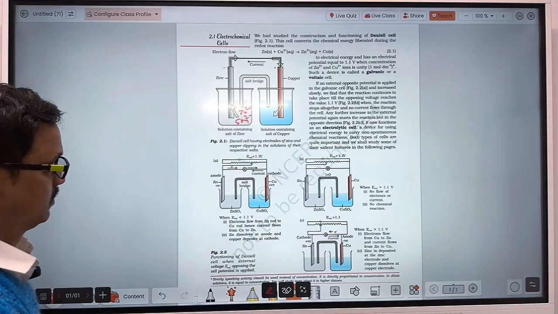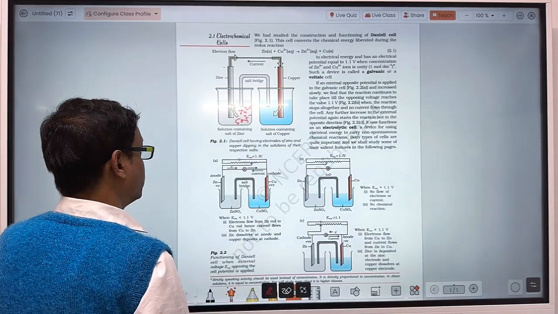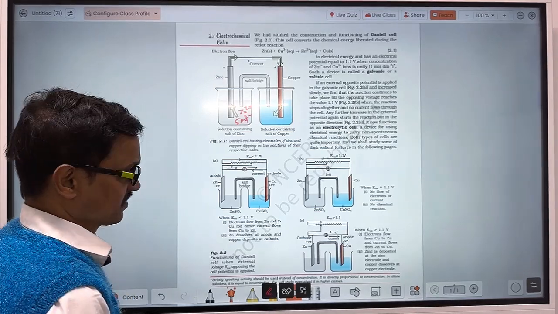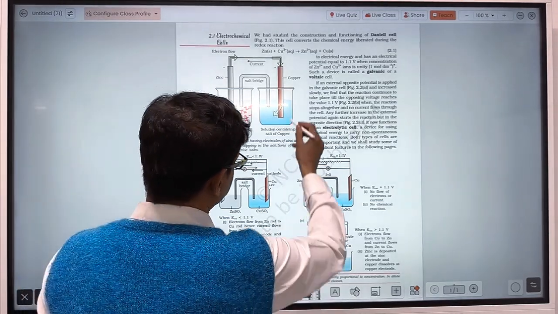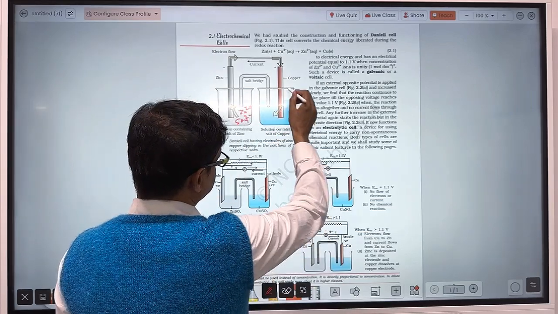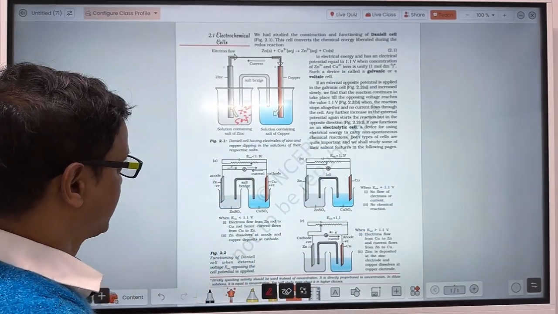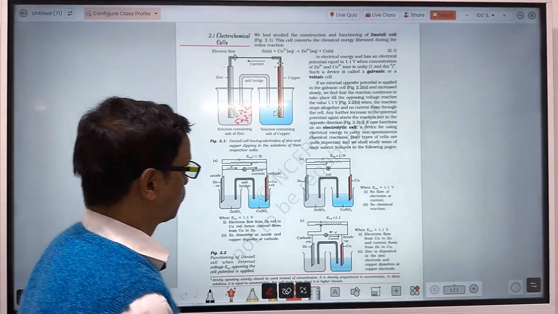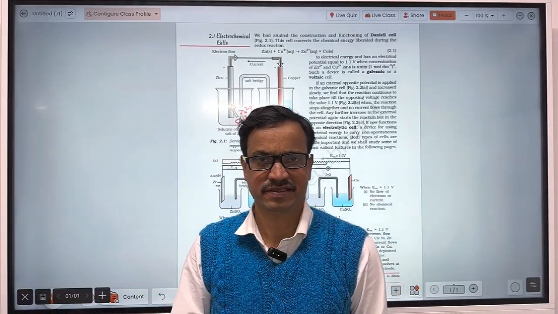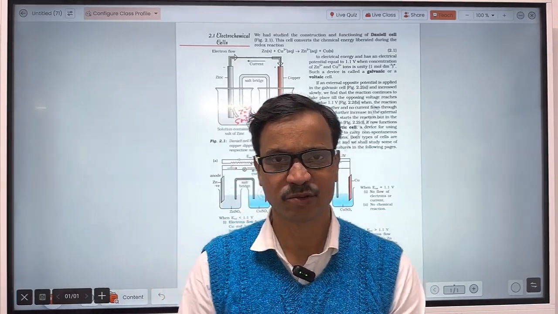That means ZnSO4 has been taken, which dissociates into Zn2+ and SO4 2- ions. And this is another vessel in which the CuSO4 electrolyte has been taken.